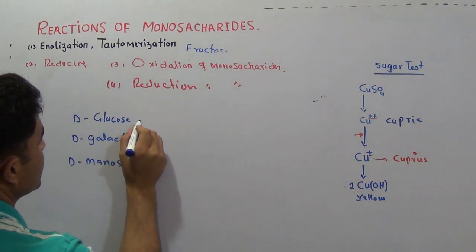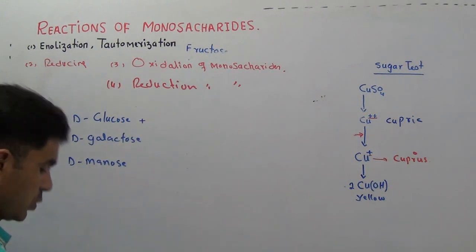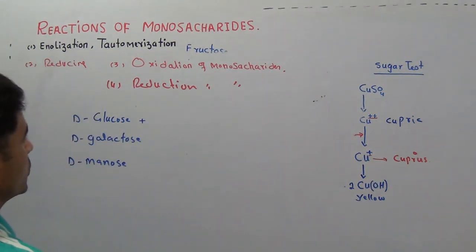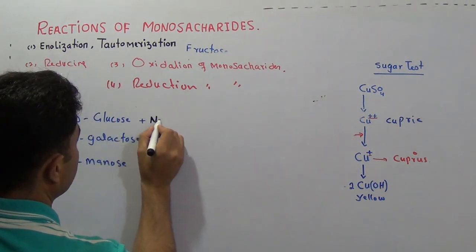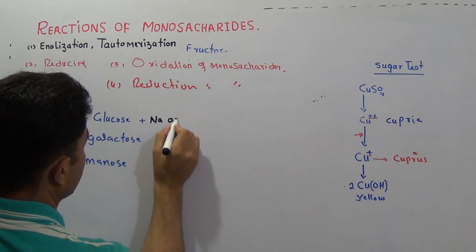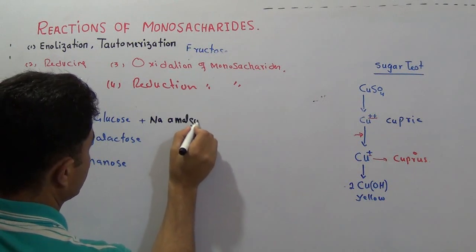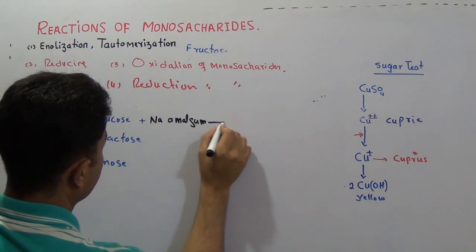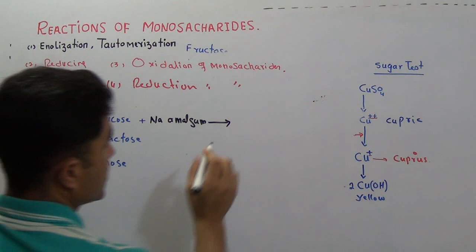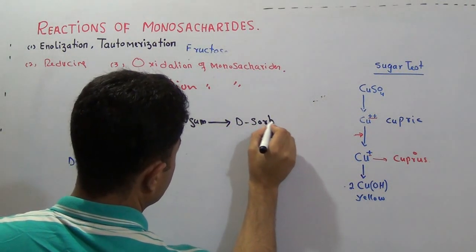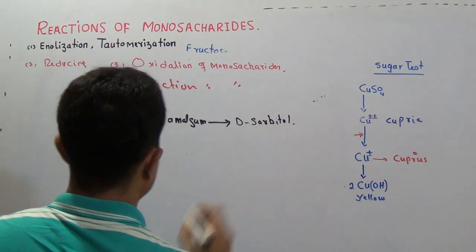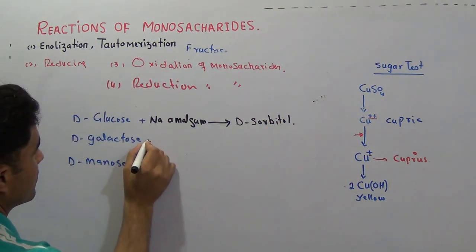If you reduce glucose, you will use sodium amalgam. Sodium amalgam is the reducing agent, and you will get D-sorbitol.